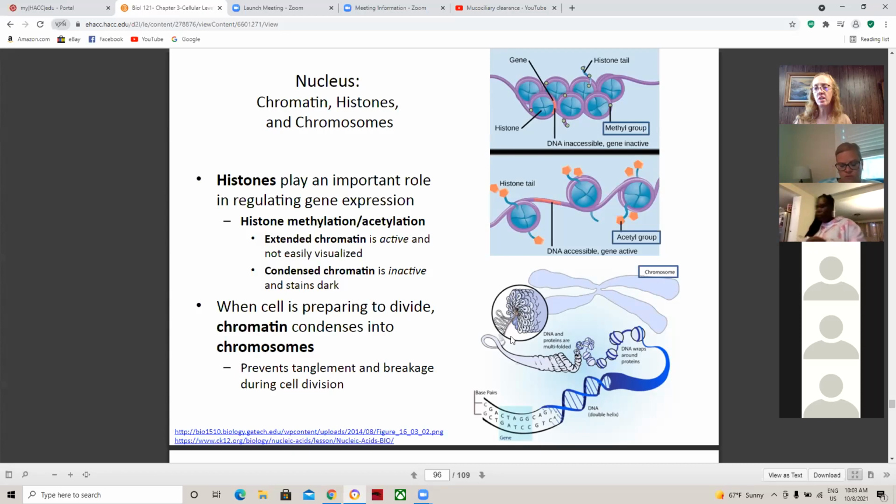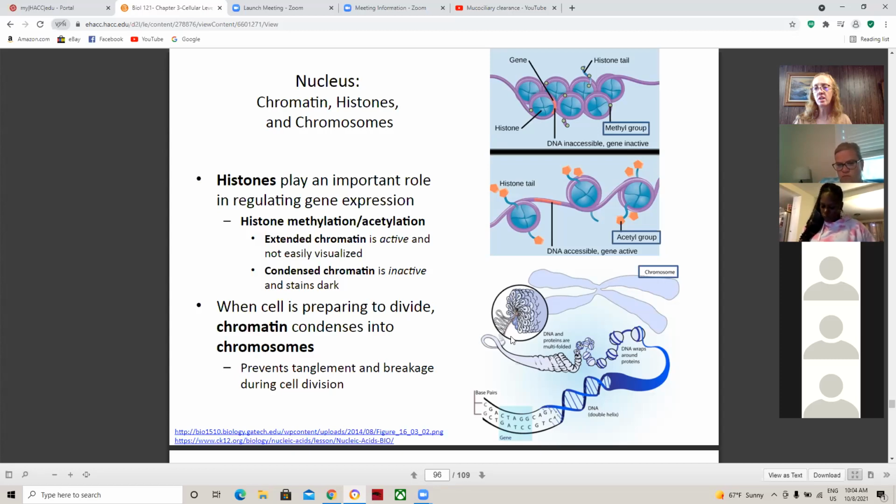When we talk about cell differentiation, which is coming here in a few slides, this is key to whether or not a cell will become one type of cell versus another type of cell. It's all based on whether these histones are methylated or acetylated. If it's methylated, that gene is silent.